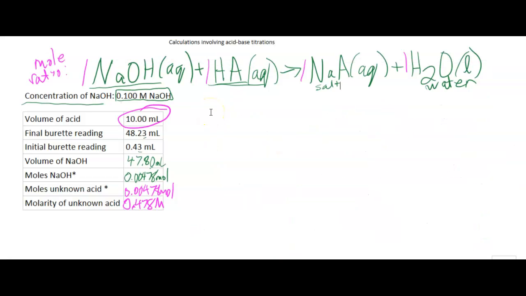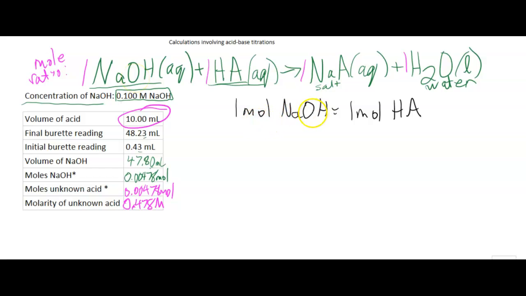There is an alternate way that we can calculate this, and it's based off of that mole ratio from the beginning. We have 1 mole of sodium hydroxide equal to 1 mole of HA. We know this because we're doing our titration to equivalence. We want the moles of base and the moles of acid to be equal.